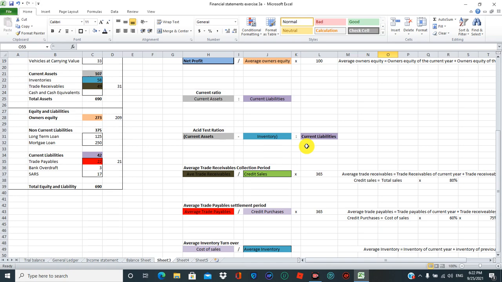And once again, it works exactly the same way as what I explained with the current ratio. So current assets minus inventory compared to current liabilities, and then you bring the lowest one to 1, and the other amount you just divide by that same amount.